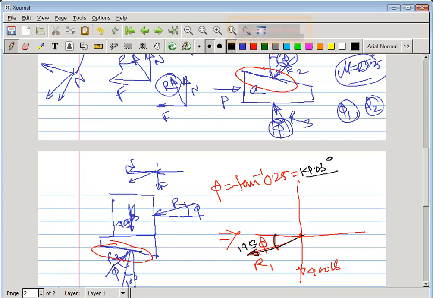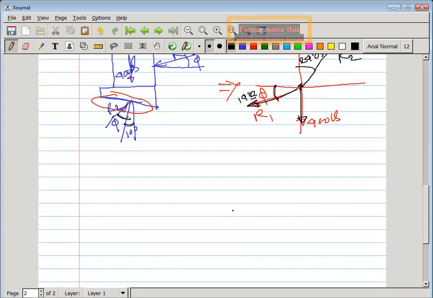To draw R2, this angle should be more, because you can see phi as well as the 10 degrees, so that should be 24.03 degrees. And this other one is 400 pounds. So from here you can easily find the two different magnitudes, R1 and R2.